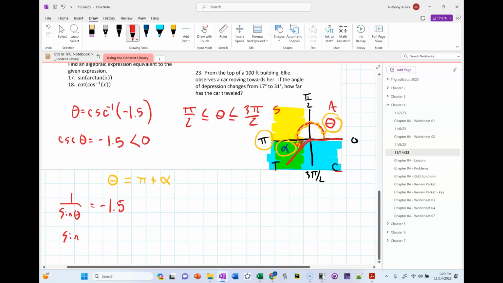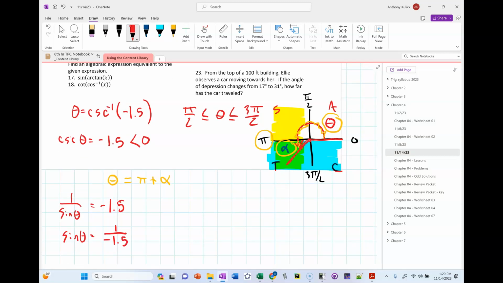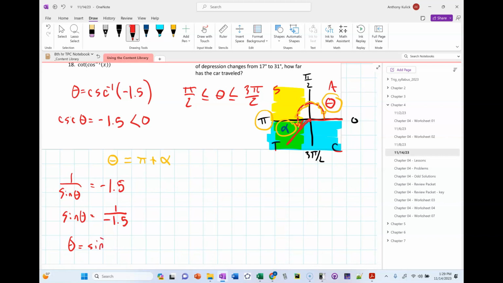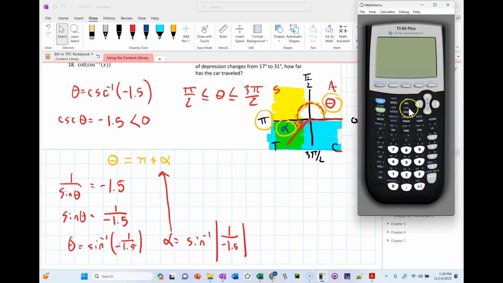And if I flip both sides of the equation, sine theta is 1 over negative 1.5. And then if I put the sine inverse back, alpha would be sine inverse of the absolute value, and that's what I'm going to use there. And now it's just calculator time.